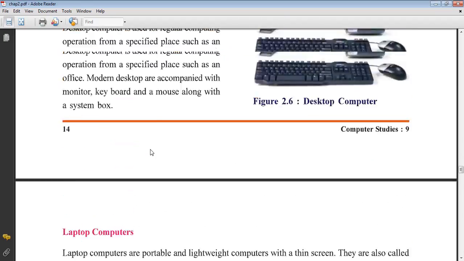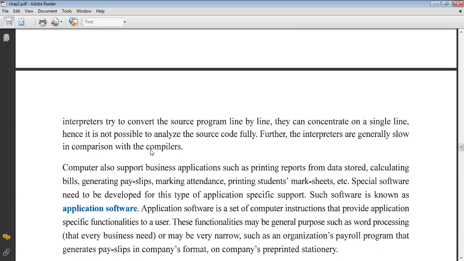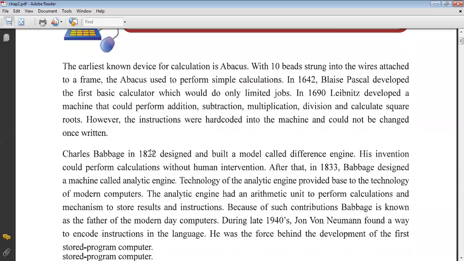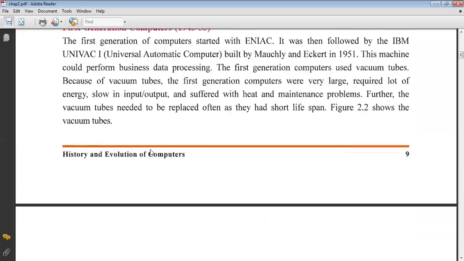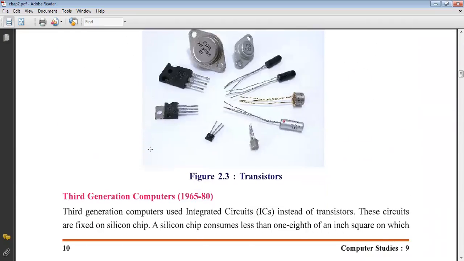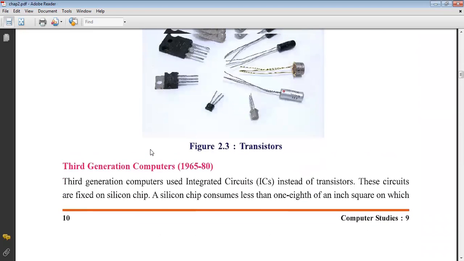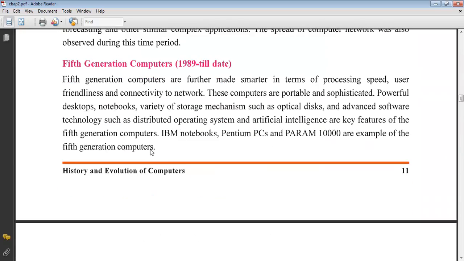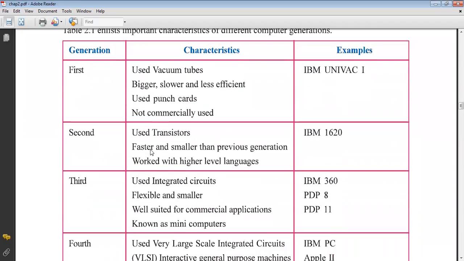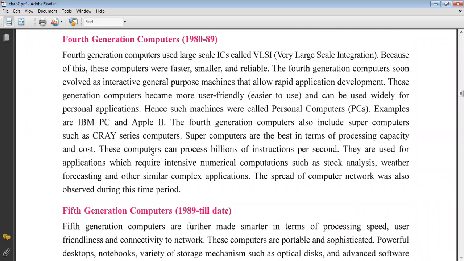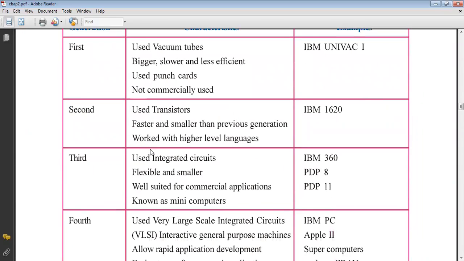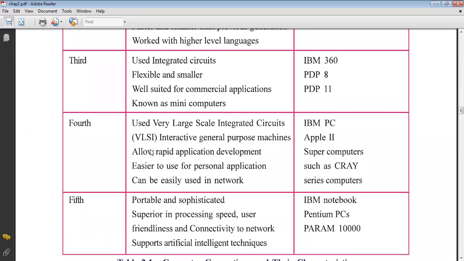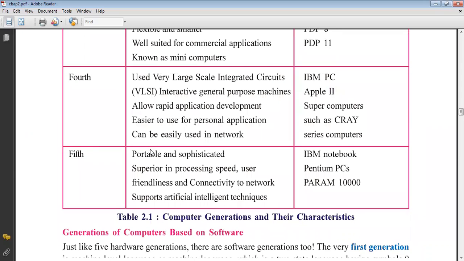In this chapter, we learn the evolution of computer, generation wise. Then types of software. Generation of computer: first generation vacuum tube, second generation uses transistor, third generation uses integrated circuit, fourth generation uses VLSI, and fifth generation.